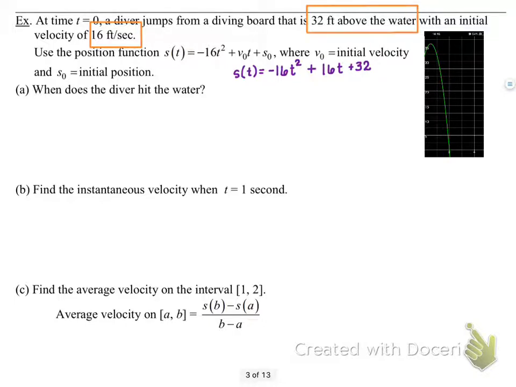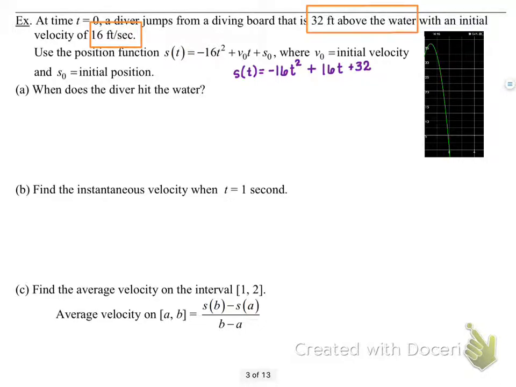When you look at that graph, this green line actually extends down over here, correct? But we don't care about what happens before the diver jumps from the diving board. We care what happens after that jump, because the rest isn't actually real.